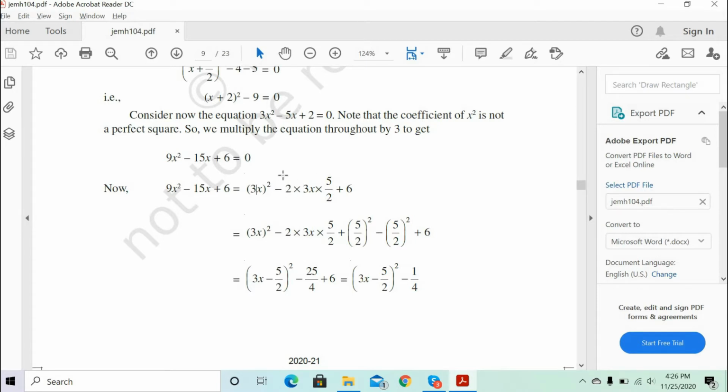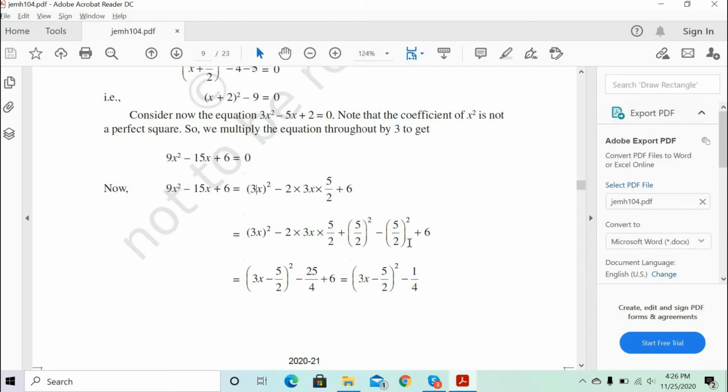Basically this becomes a square and this becomes a minus 2ab. Now what is remaining? Plus b square minus b square is remaining, right? So 5 by 2 is b.